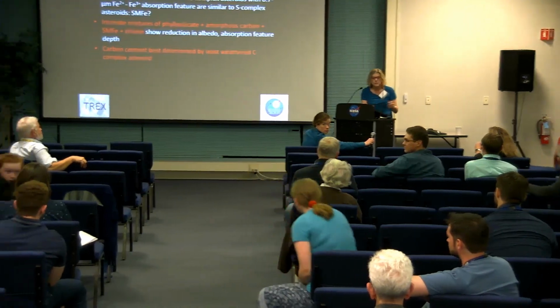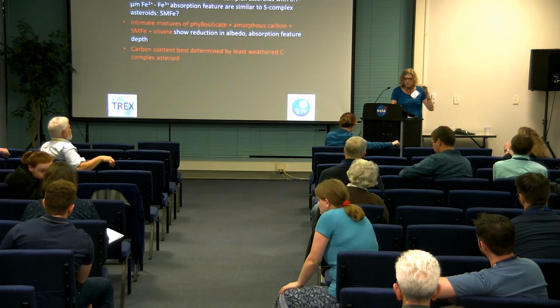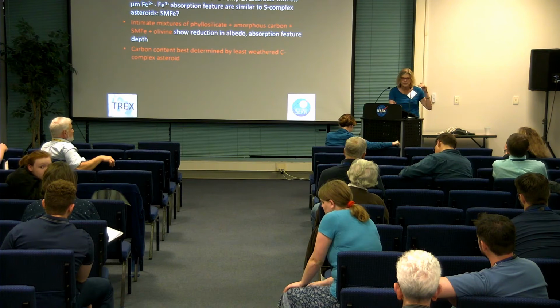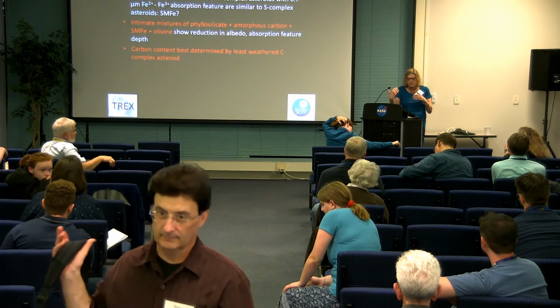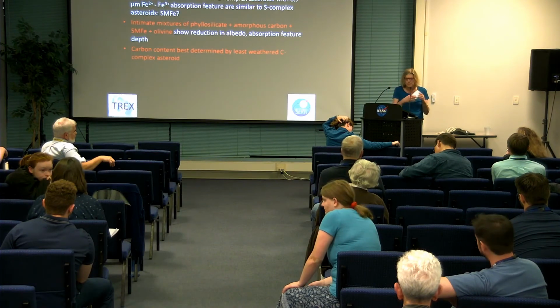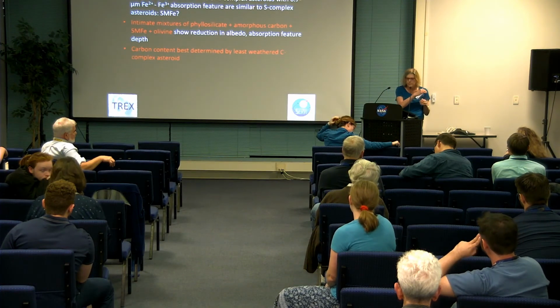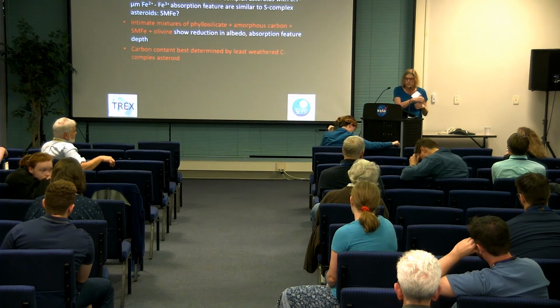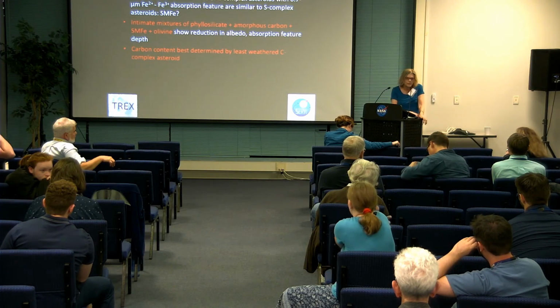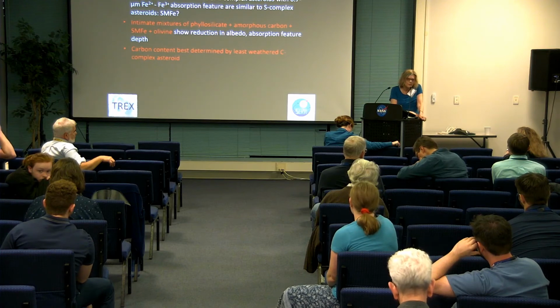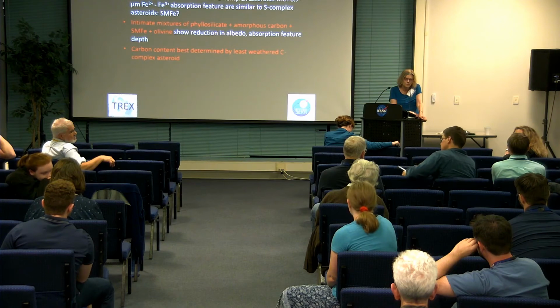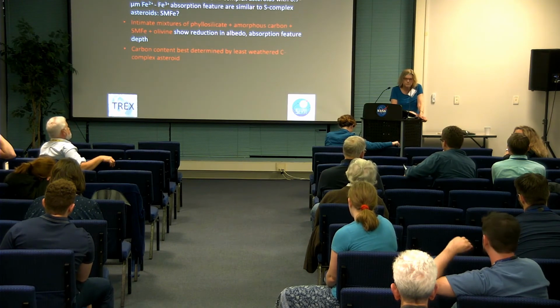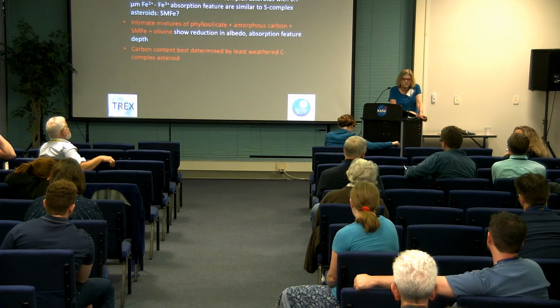No. But the other thing is the idea with Vilas being the smallest and potentially the freshest of the bunch that we looked at was that it would not have as much nanophase iron that potentially could darken it, even if it has, and it potentially has, carbon as well. Yeah, but I think the darkening is probably more due to the organics than the nanophase iron. It has to be at that point. I mean, it's probably. That's what I'm saying, yeah.